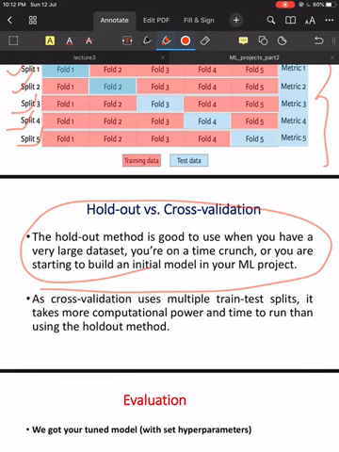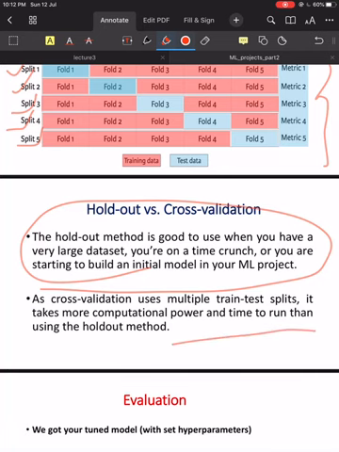When you have a large data set, you should blindly go for this scenario. And on the other hand, the problem with cross validation, keep in mind, is that because it uses multiple train and test splits, it takes more computational power and time to run than using the holdout method.